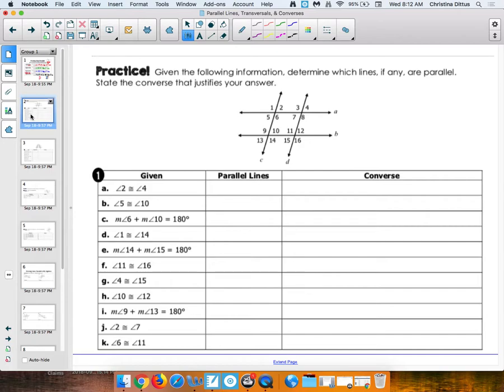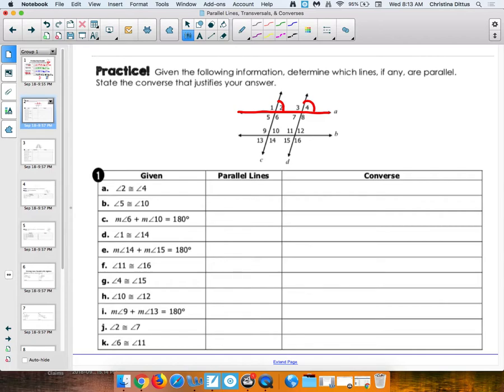Alright, on your bottom part, we are going to tell which lines are parallel. This is kind of like when we identified our transversal. It's the lines that are related to our angles. So if I have angle 2 and angle 4, A is our transversal, the line that has both of them. So which two lines have to be parallel then?